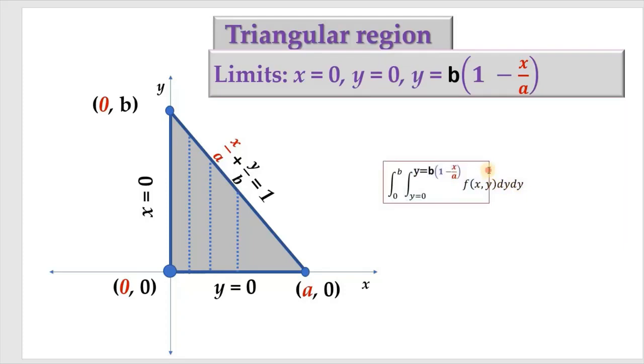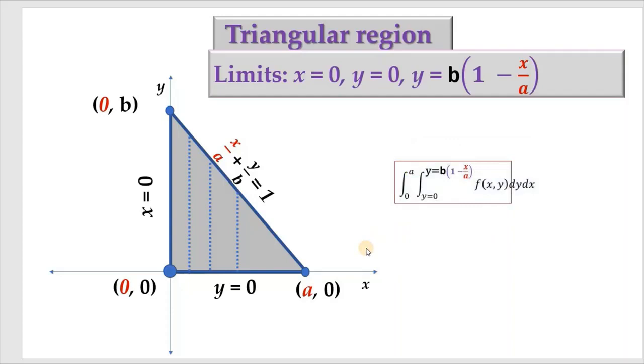So first you will have to integrate with respect to y and then with respect to x, because your y depends on x. So then for x, what should be the limit? It should range from 0 to a.